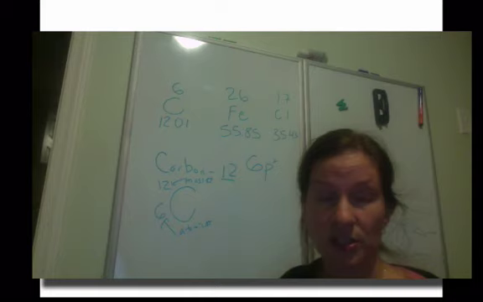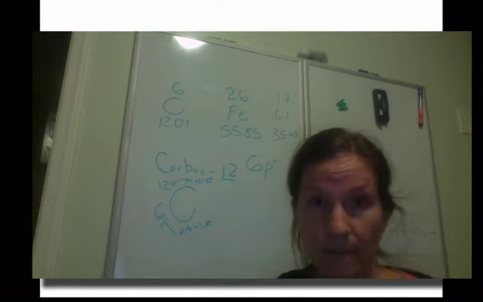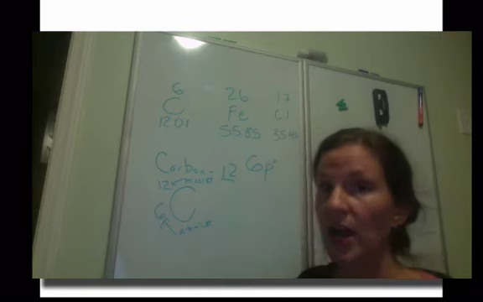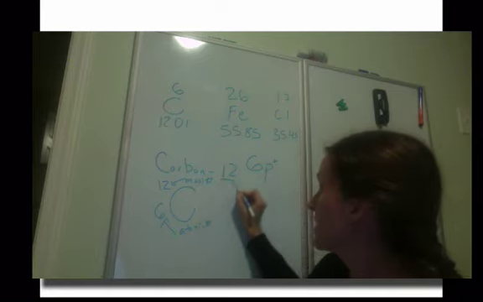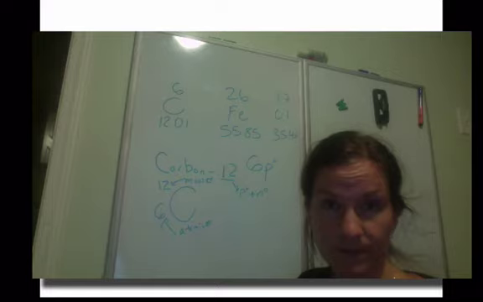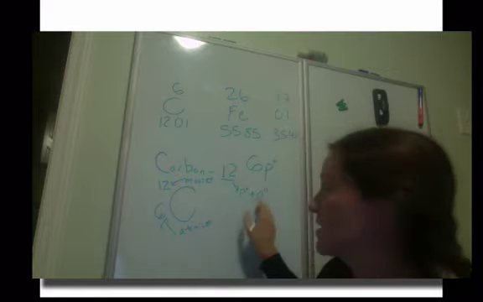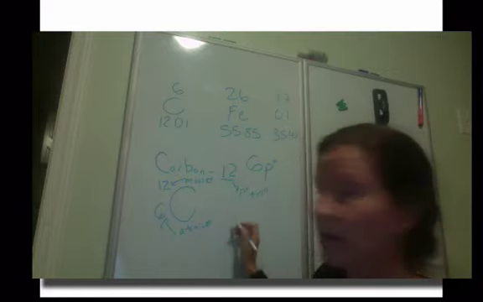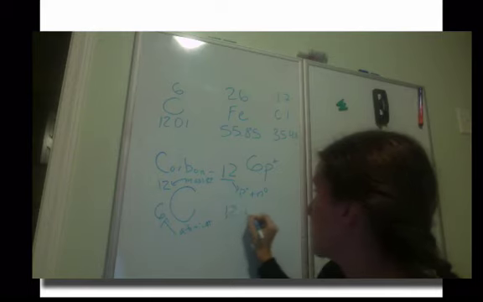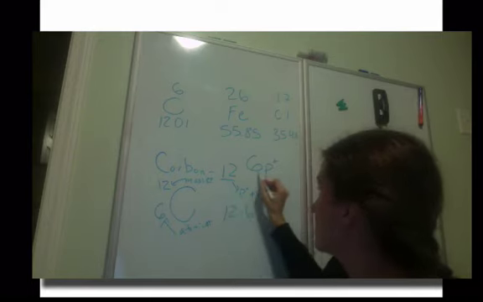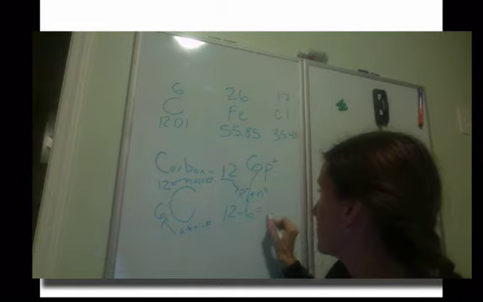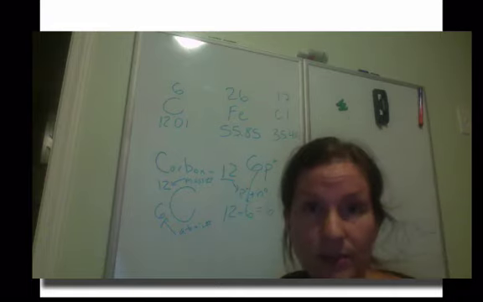And protons is usually just a P with a plus. How many neutrons do you have? Well, again, your mass number is protons plus neutrons. So if you take away protons from it, you'll just have neutrons. So if you take 12 minus the 6 protons, you'll get 6, and that's your number of neutrons.